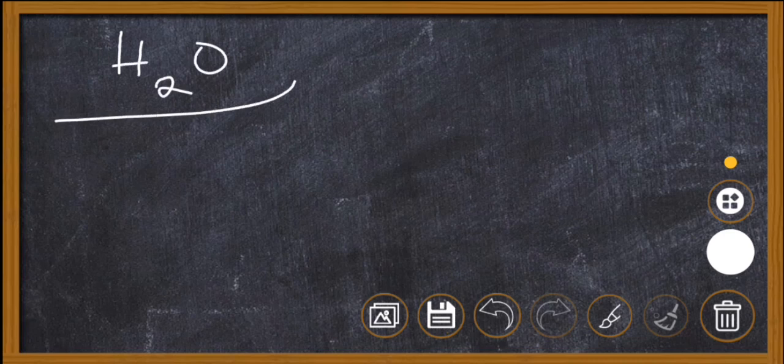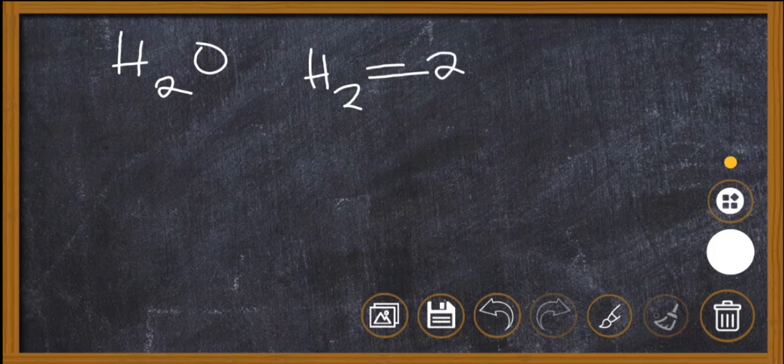We know this. Okay, so let's first calculate their relative masses. So for hydrogen, we know we have H2 there, so we are going to multiply twice. The mass of hydrogen is what? Is 1.